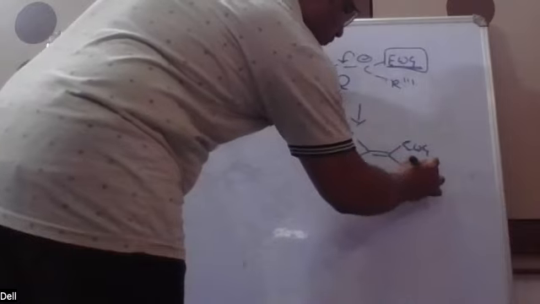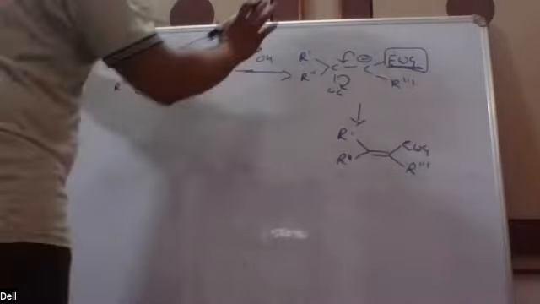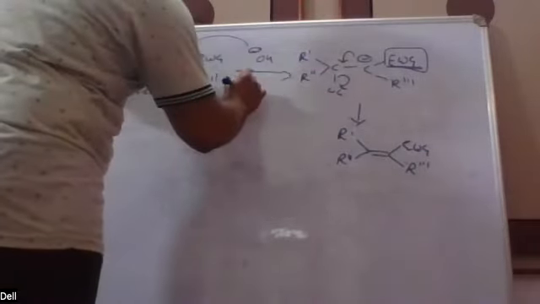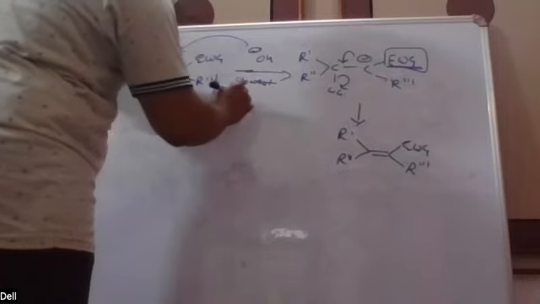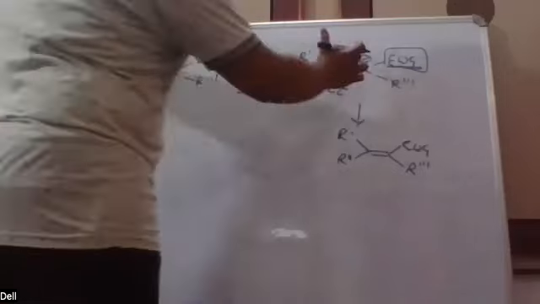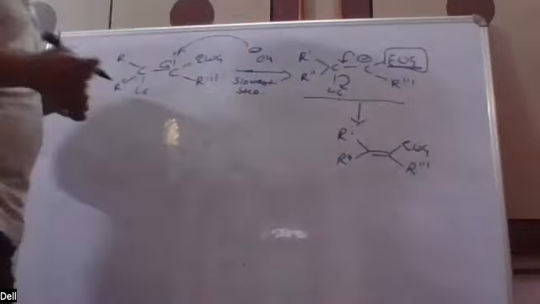Now, in this reaction, the formation of the carbanion is the rate determining step because it's the slowest step, and the stability of the carbanion determines how fast or how slow the reaction will progress.